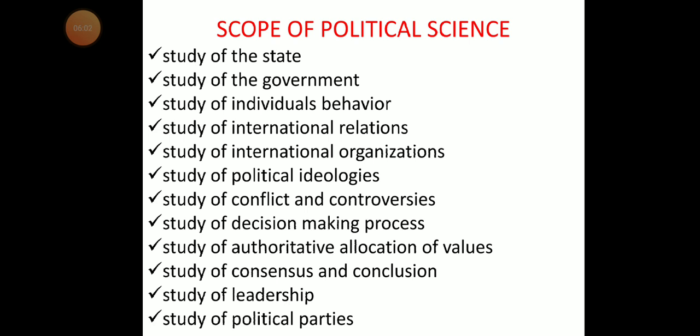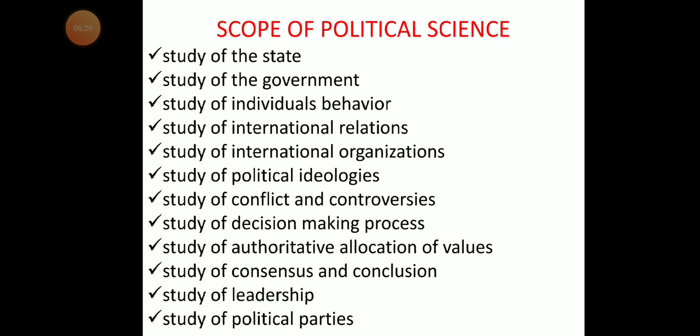These international organizations are studied in the scope of the science. Next point is study of political ideologies. Political ideologies are basically the ideologies on which states are run; they derive rules, laws and regulations from those ideologies. Those ideologies are basically the ideal to be achieved for the state, and they show the purpose of the state also, right?